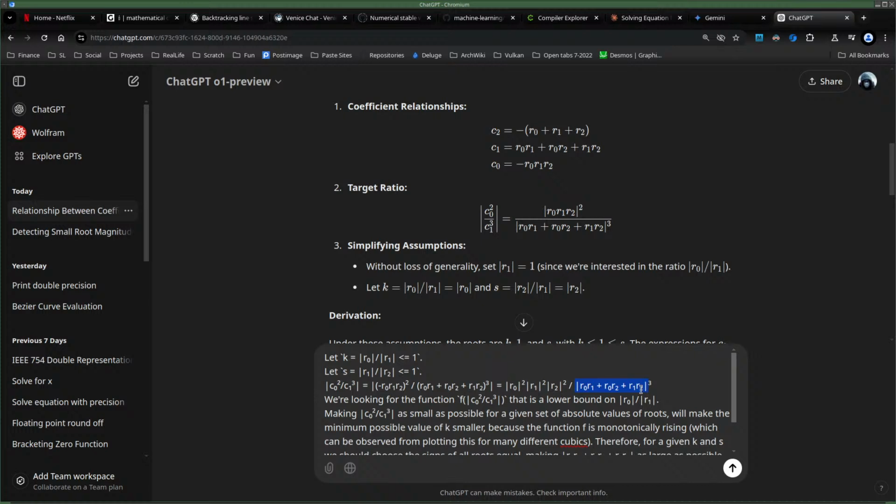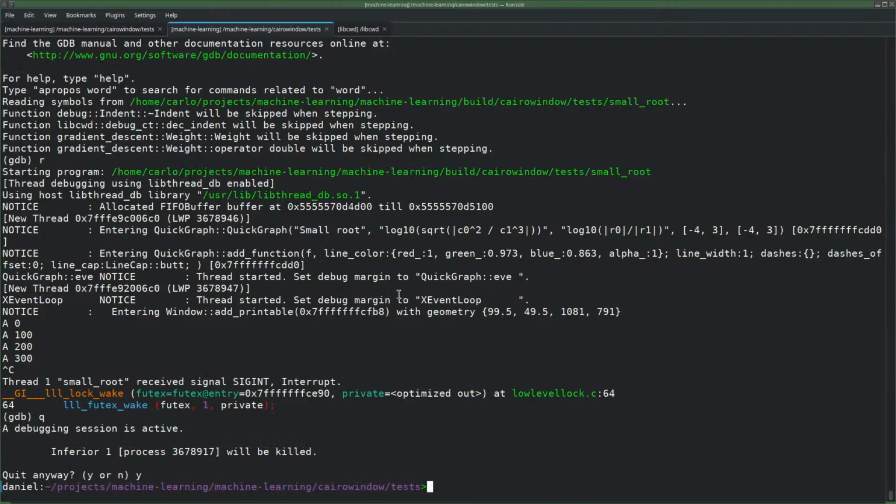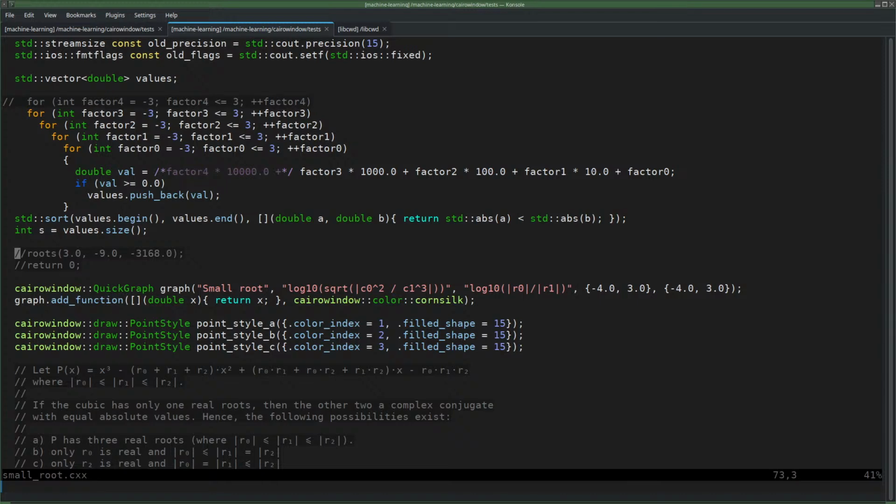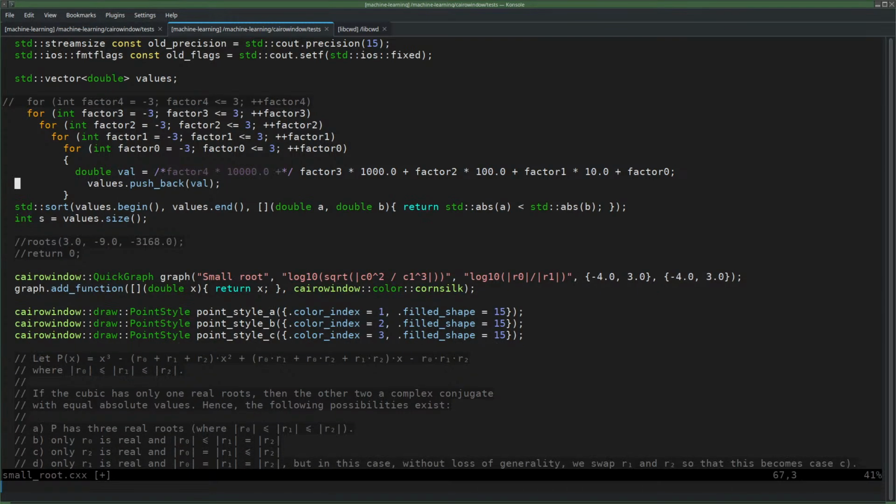That means that k does not change, so vertically nothing changes, but this value becomes smaller. So we move in the graph, well, I should draw it again, without doing this.